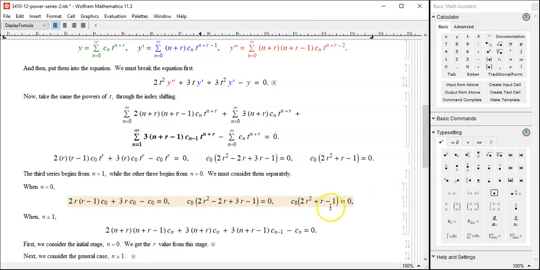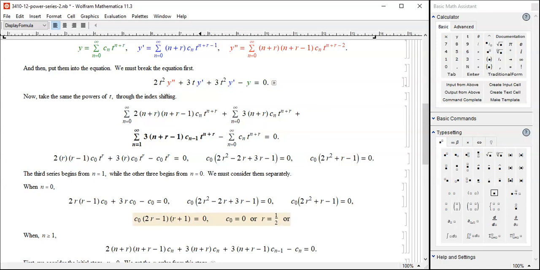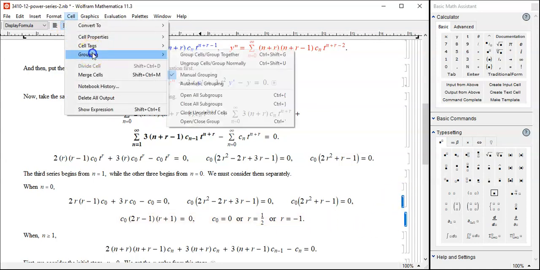And what further conclusion can I draw? C0 times 2r minus 1 times r plus 1 equals 0. Did I factor correctly? Plus 2 minus 1, yeah, I guess that's right. So c0 is equal to 0, or r is equal to 1/2, or r is equal to -1. That's what I'm getting. Are you with me here?